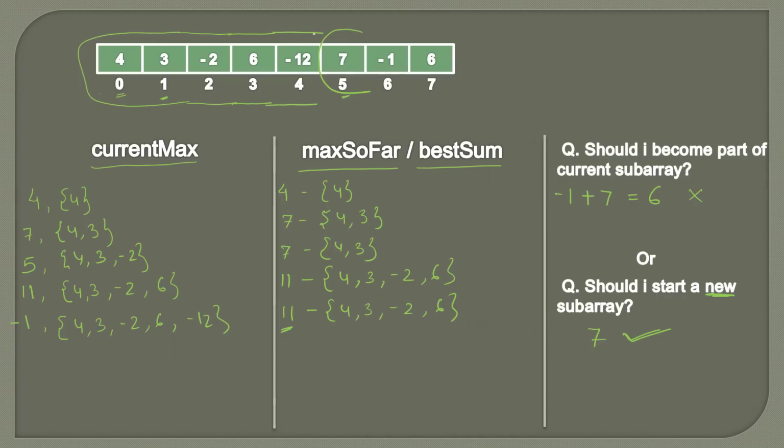So here we simply discard this subarray because current max will now be 7 and it will be formed by only digit 7. But this 7 is less than 11, so the max so far will remain the same.